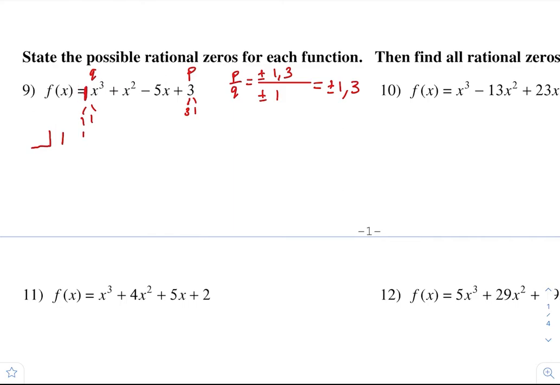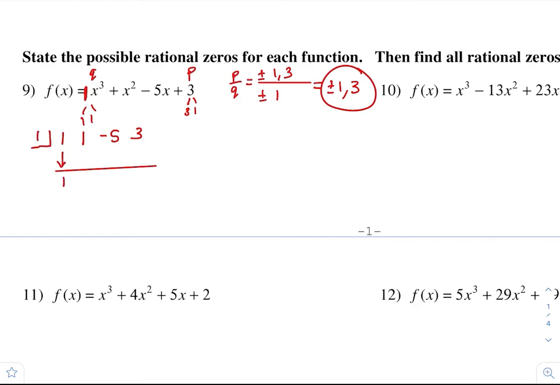So 1, 1, negative 5, and 3. So what we have to do is think which one of these possible rational zeros will give us a 0 for our function. So I'm going to check out 1.